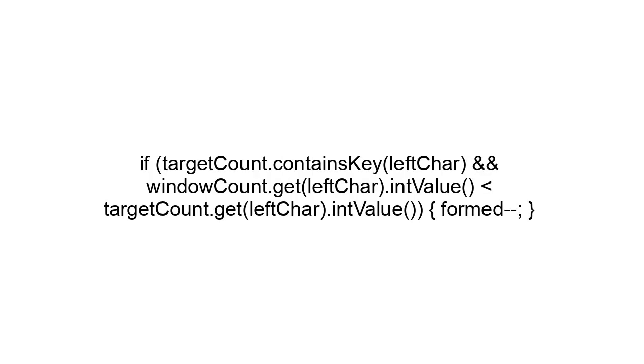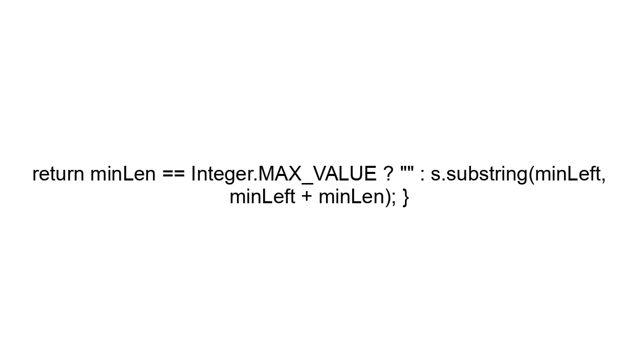If targetCount contains key leftChar and windowCount.get leftChar intValue less than targetCount.get leftChar intValue, formed minus minus. Left plus plus. Right plus plus. Return minLen equals Integer.MAX_VALUE ? empty string : s.substring minLeft, minLeft plus minLen.